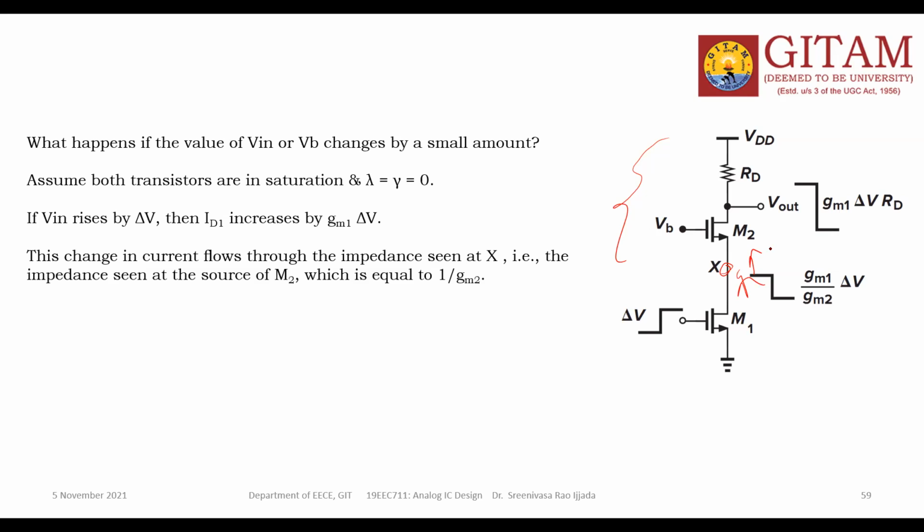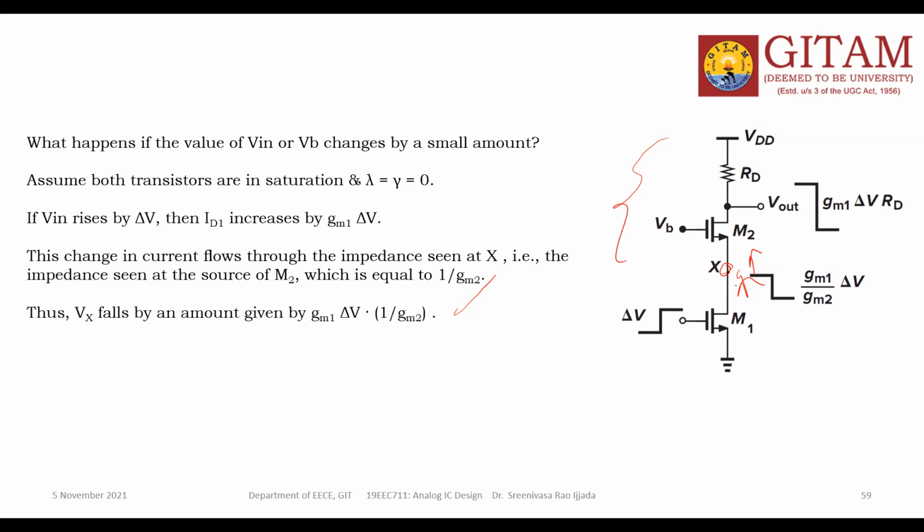So the impedance seen at the source terminal of M2 is equal to 1 by gm2, where gm2 is the transconductance of the M2 device. The input impedance of the M2 from the X is 1 by gm2.